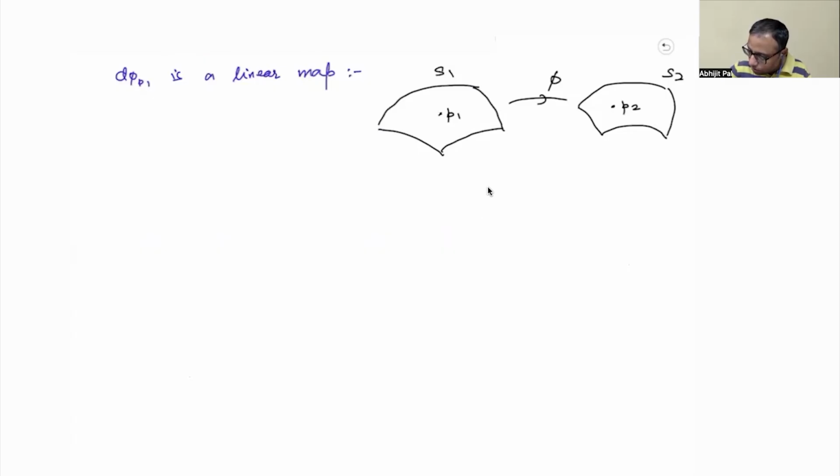Okay, so now I can have surface patches in the following way. So I can have this U1, an open set in R2.